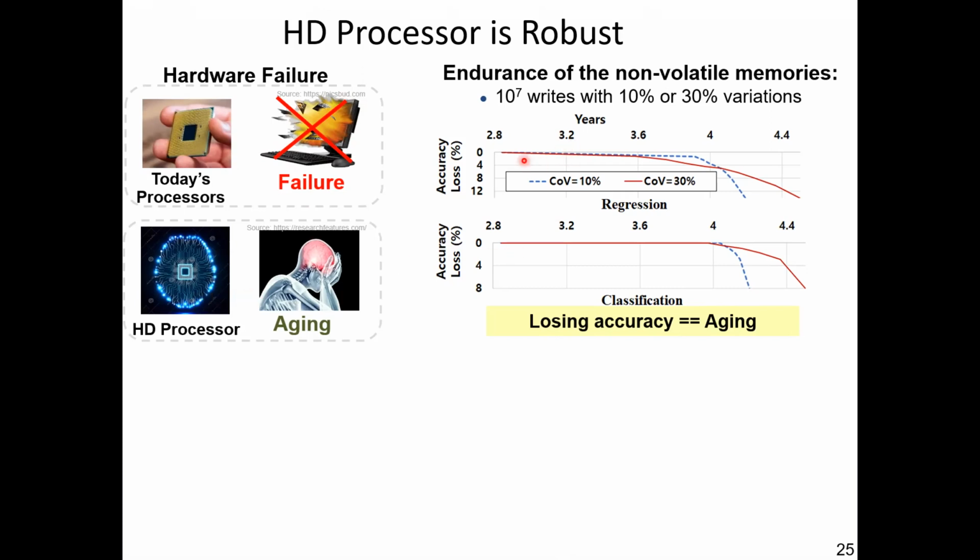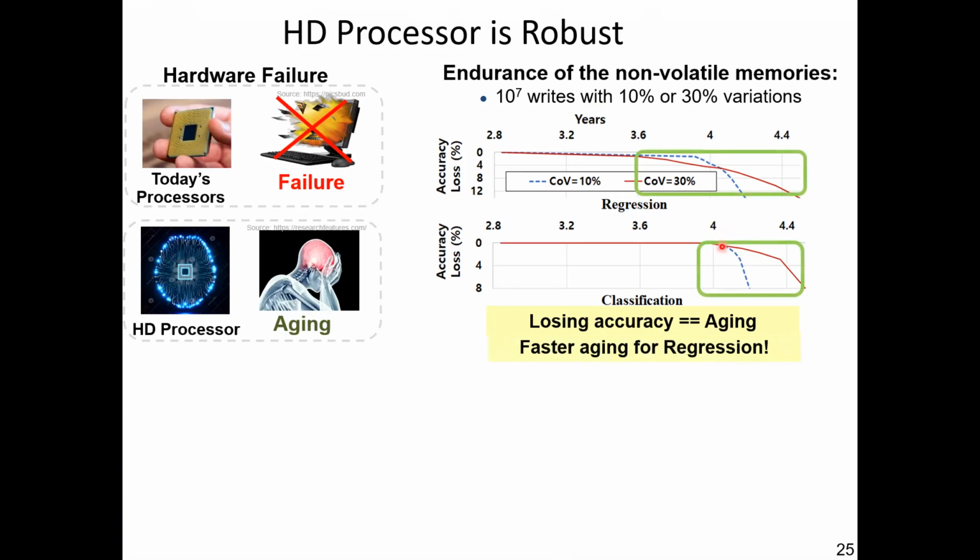This is our simulation showing the quality loss, which is accuracy, of regression and classification when using a processor based on non-volatile memory for a few years. You can see after a few years of using the chip, we start losing accuracy, but we don't fail. And this loss of accuracy is because the devices, like our neurons, stop working.